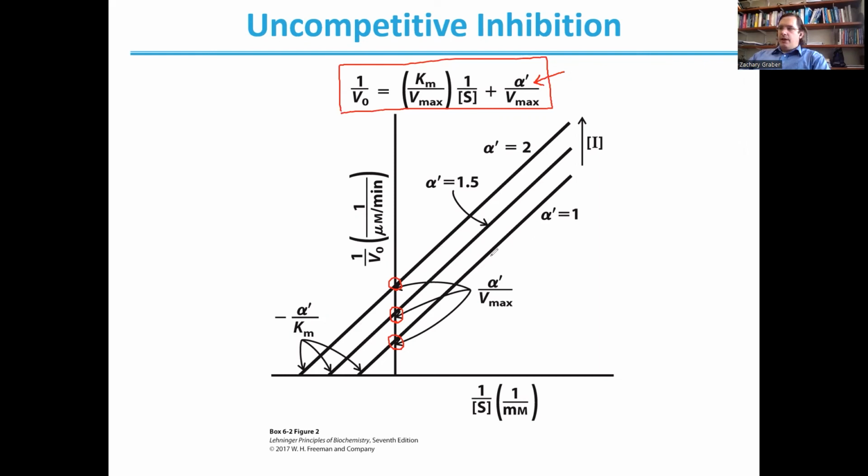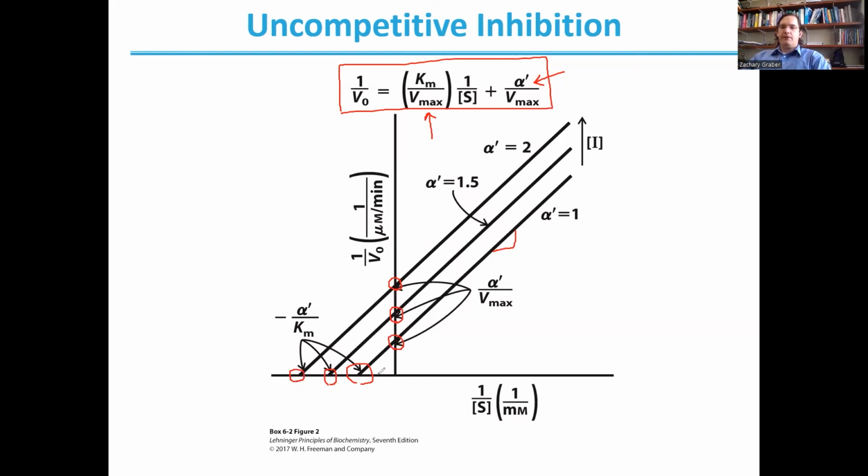You'll also notice that our slopes here are the same, right? These are our parallel lines, which of course makes sense from our equation. Our slope is here as the Km over Vmax, and there's no alpha term here. So as we change the inhibitor concentration and change our alpha value, our slope still stays the same. Now, of course, since our Vmax is changing as the y-intercept moves, our Km actually is also changing, our apparent Km that is, because our x-intercept is also changing here.